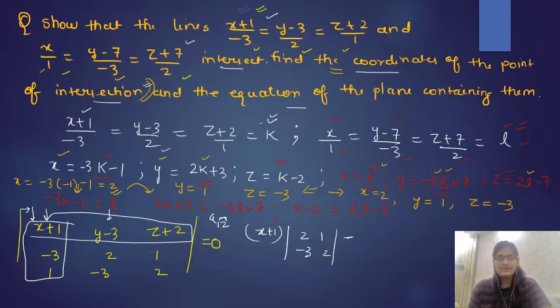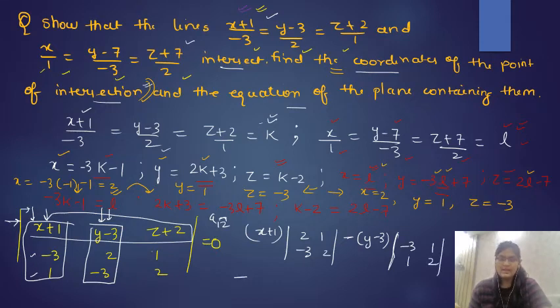So minus y minus 3. Now, if you hide the row and column where y minus 3 lies, what have you got? Minus 3, 1 and 1, 2, right? And then you have z plus 2 with the determinant.